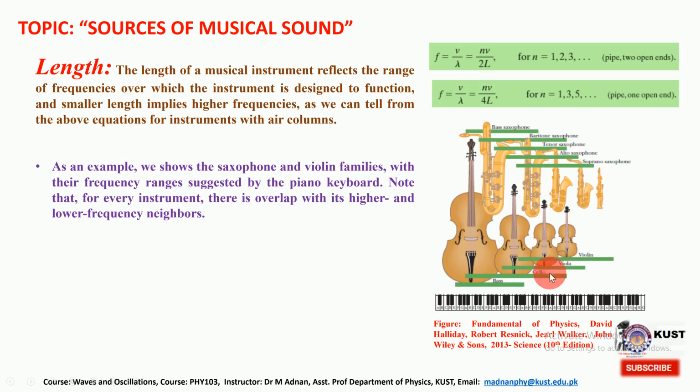If we see these instruments, this is the smaller one, and the sizes keep getting larger and larger. And also for the case of violin, we have a shorter one and we have a larger one. As we have discussed, the size does matter for the resonant frequencies in either of the organ pipes, whether the one open end or the two open end instrument.